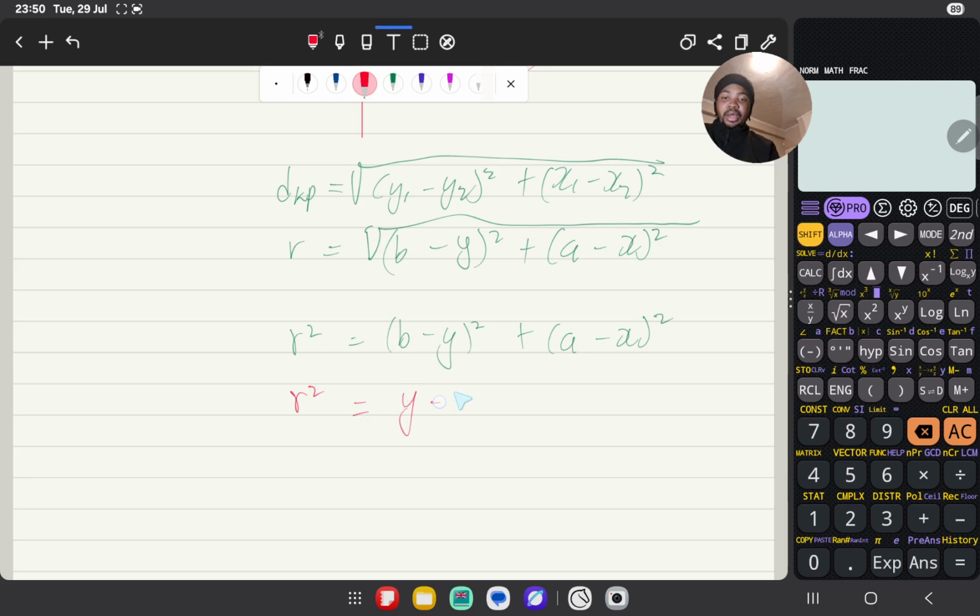You can say (y minus b) squared plus (x minus a) squared. That would still have the same meaning, because the answer for both the green radius squared and the red radius squared is the same value. Cool. So let's now work on some examples.